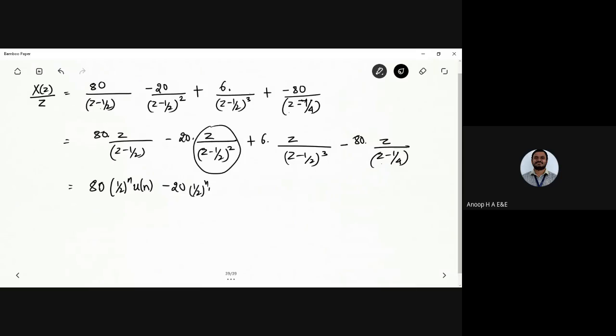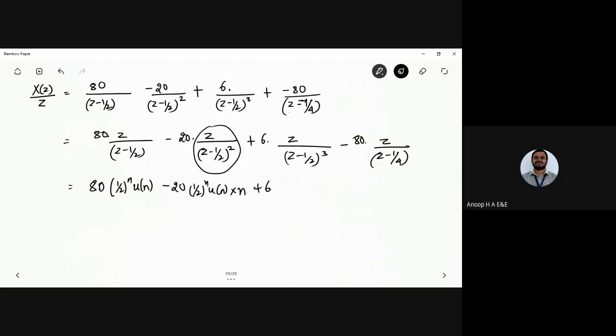So now, how would you do z divided by z minus 1 by 2 cube? What is the cube of it? Can anyone tell me? If you want to find out the cube of it, it would be easy to find out using the function z divided by z minus 1 by 2 the whole square.